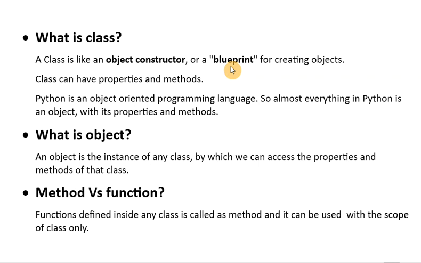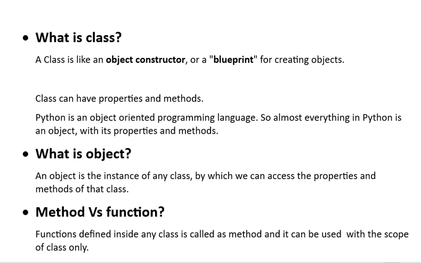So to understand this word blueprint, let me show you one example. Let's suppose there is a company which is manufacturing cars. That company will not start manufacturing the car from day one. What will they do first?